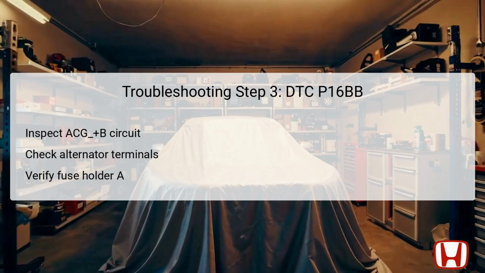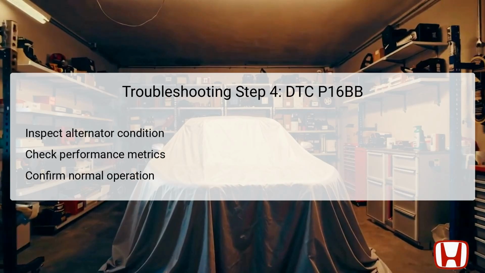Additionally, the technician should also check the fuse holder for ACG plus B, as a blown fuse or poor connection at this location can cause serious voltage drop issues, resulting in the DTC being set. Any abnormalities found during these inspections could point to the failure source within the electrical system.